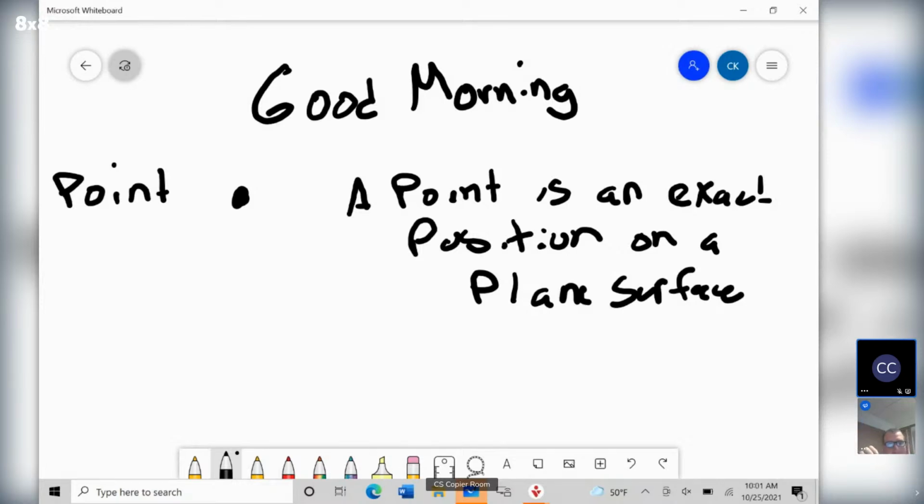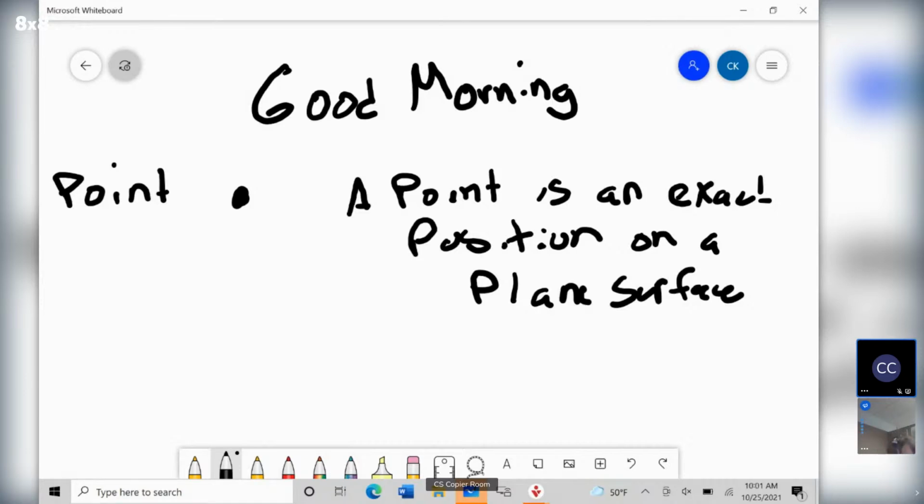So when we were doing the ordered pairs, you saw a lot of points. If it's on the x-axis at 3, that's the exact position on what they call a plane surface, like on a piece of paper anywhere. So whether it was 3, -3, that point was the exact position. And a point is just this little dot that I showed you right here. So when you see a point, that's always going to be an exact position, okay?